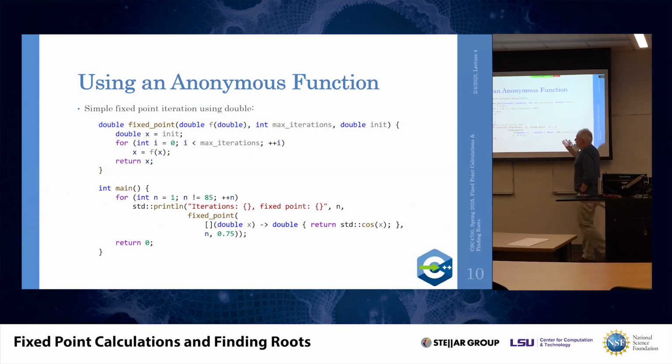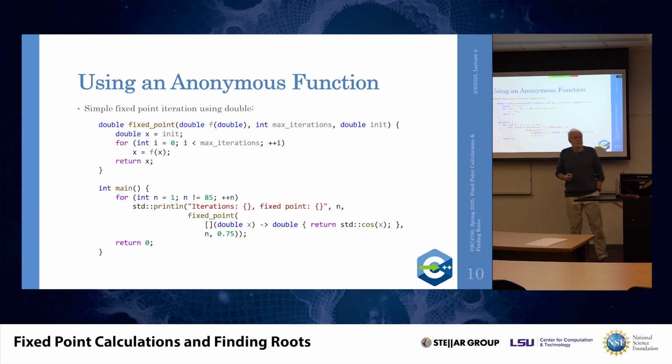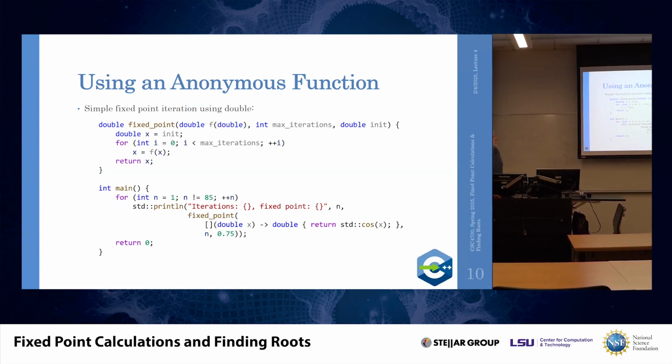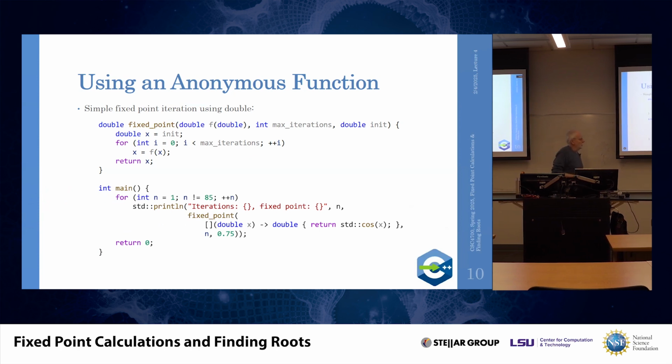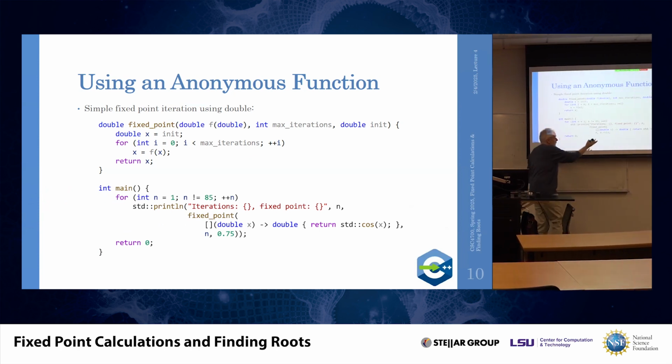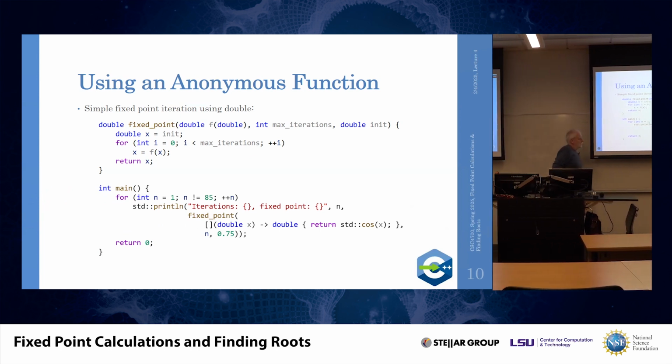So instead of using a named function, which was the calculate cosine function I defined, I use a lambda function, and I will explain what that is and where that comes from in a minute. It takes one argument, which is a double, returns a double, and has a body which calculates the cosine.